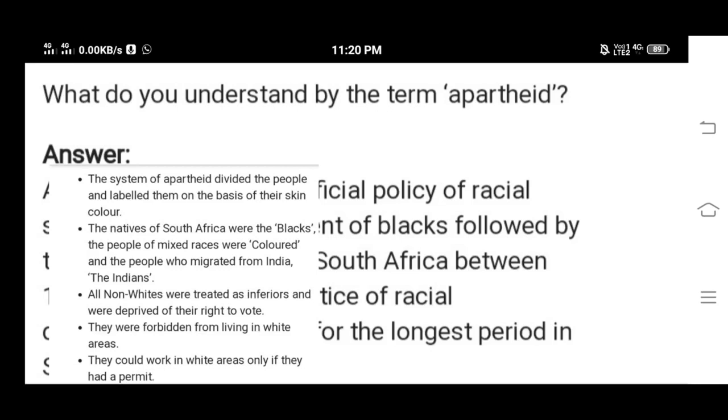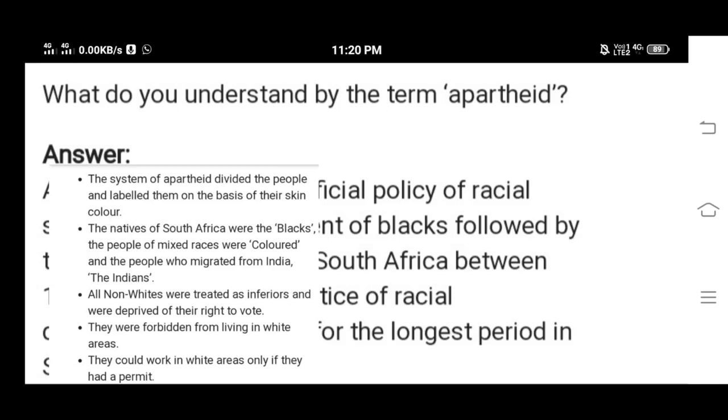They were the people who migrated from India and other countries to work in the plantations. और ये जो whites थे, they treated all these non-whites as inferiors, और इनको वहां पे कोई भी हक नहीं दिया जाता था, like they were not having the right to vote.